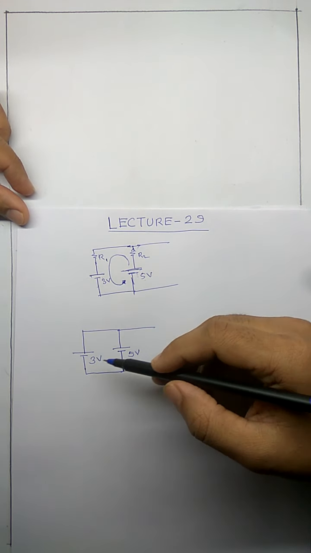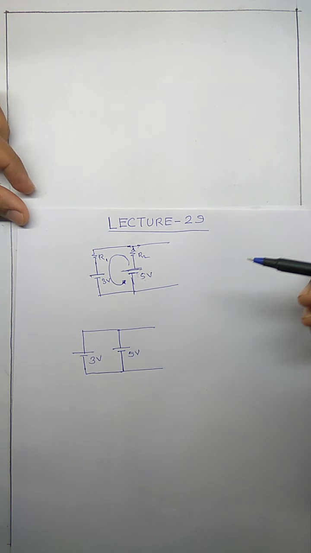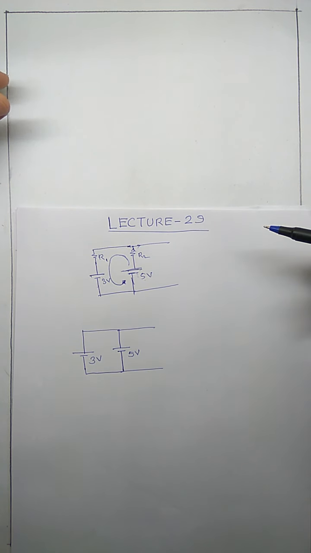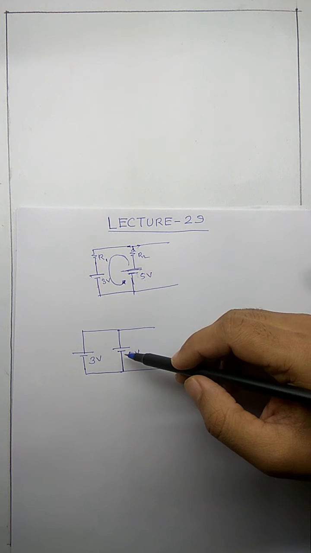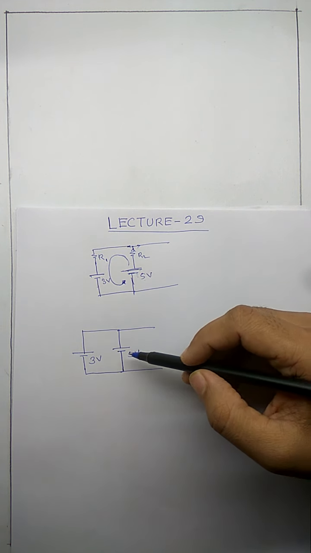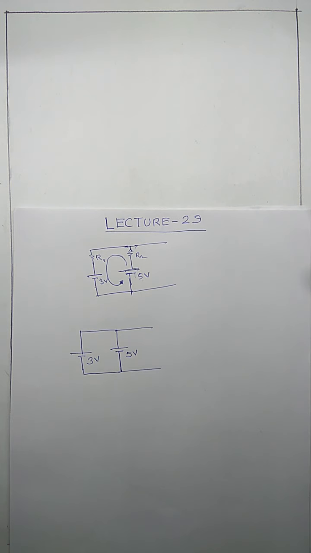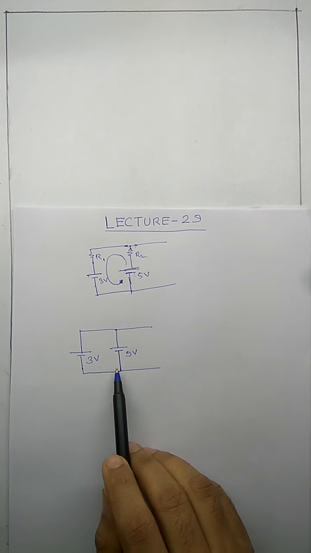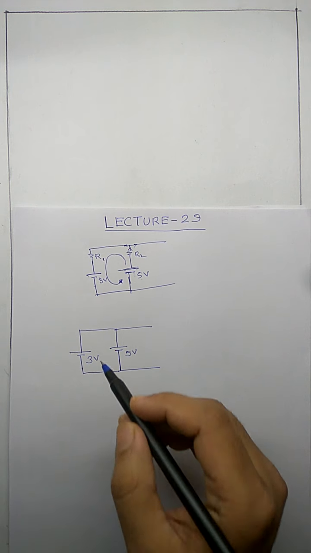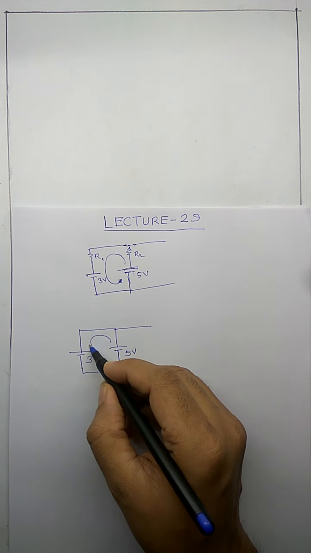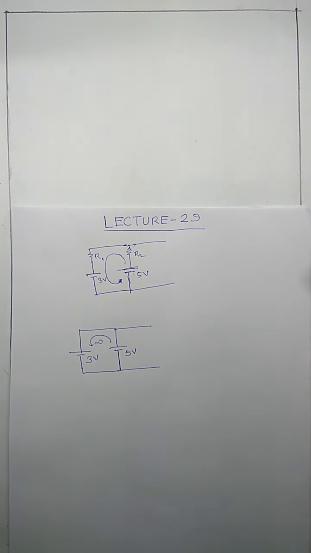Now, between these two sources there is a difference of 2 volt and the resistance is 0. Why am I saying that the resistance is 0? The reason is that I am taking these two to be ideal voltage sources, and an ideal voltage source has 0 internal impedance. So there is no resistance, there is a difference of 2 volt, so an infinite amount of current will flow here.